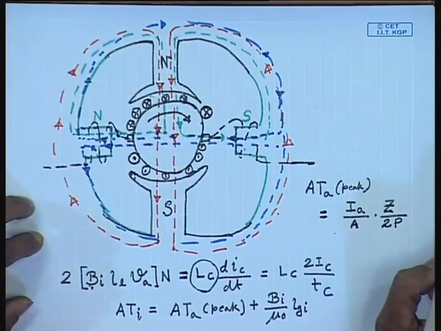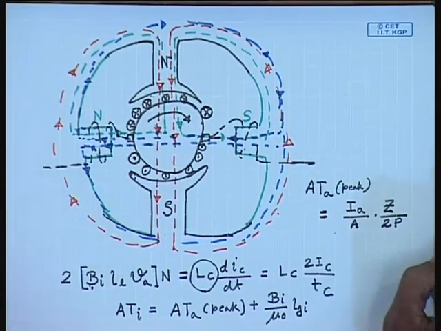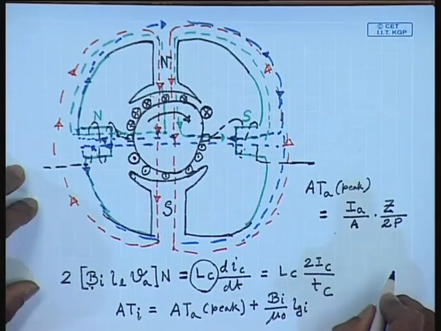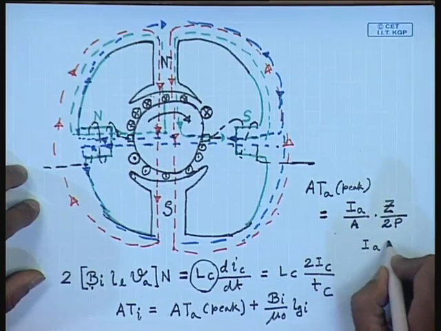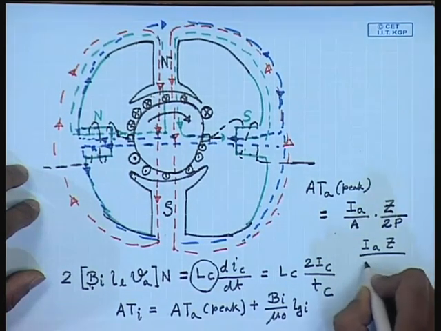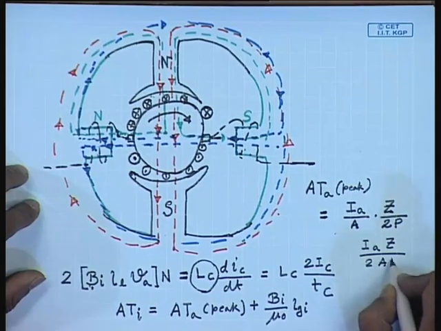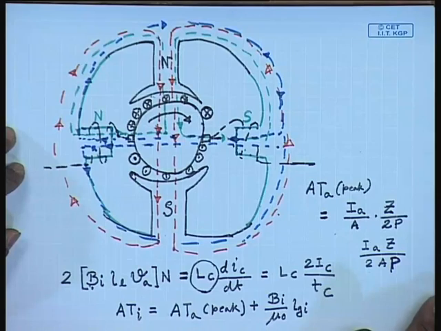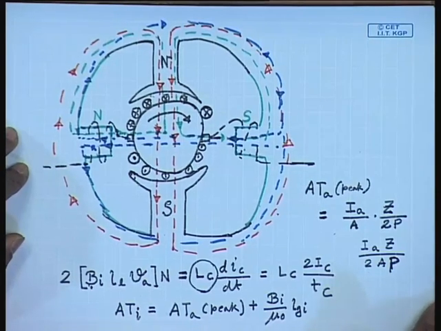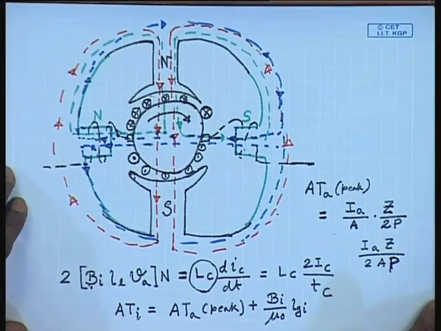So, the peak ampere turns is given by IA Z by 2 A P. From which we will be able to calculate the required ampere turns of the interpoles and the corresponding number of turns in the interpoles.